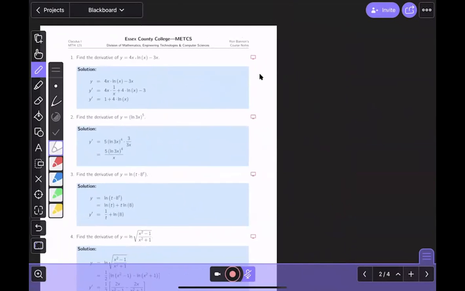So what do I see? I see number one. They want me to find the derivative of y equals 4x times the natural log of x minus 3x. Let's write this down. So it's going to be y prime, also dy dx.